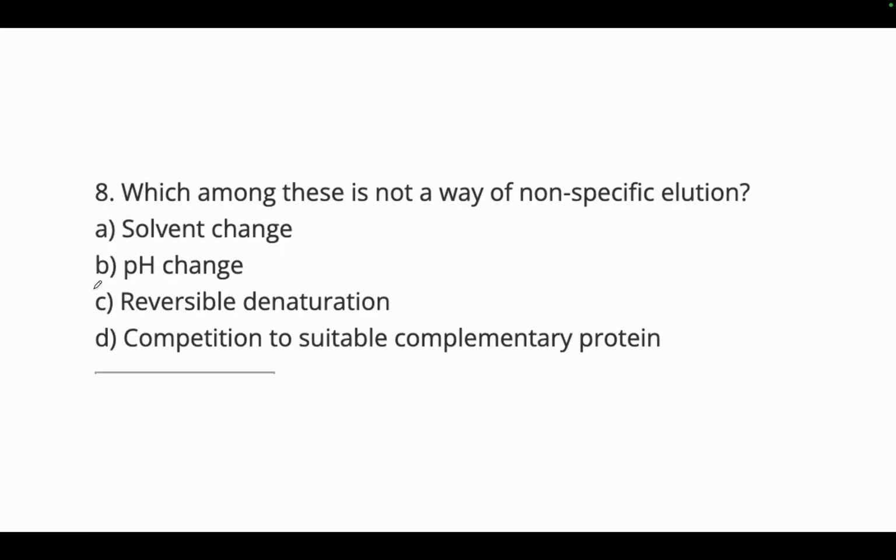Which among these is not a way of non-specific elution? Solvent change is non-specific. pH change is non-specific. Reversible denaturation is non-specific. But competition to suitable complementary protein is specific elution. So this is not a non-specific elution technique.